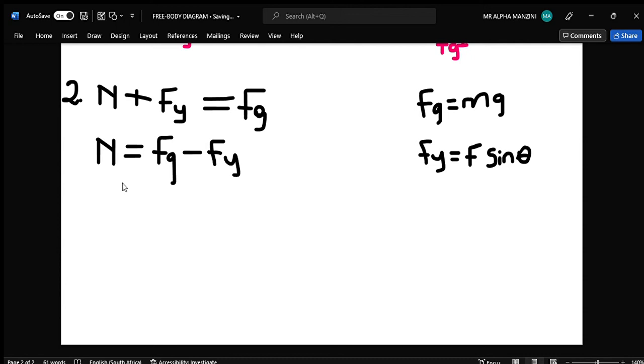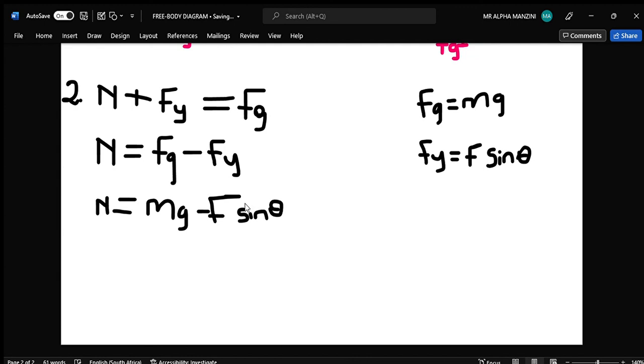So normal force is equal to Fg, so it's mg, minus Fy, which is F sin theta.